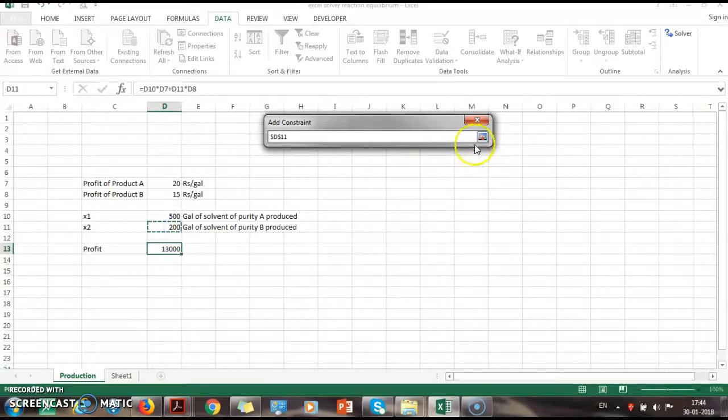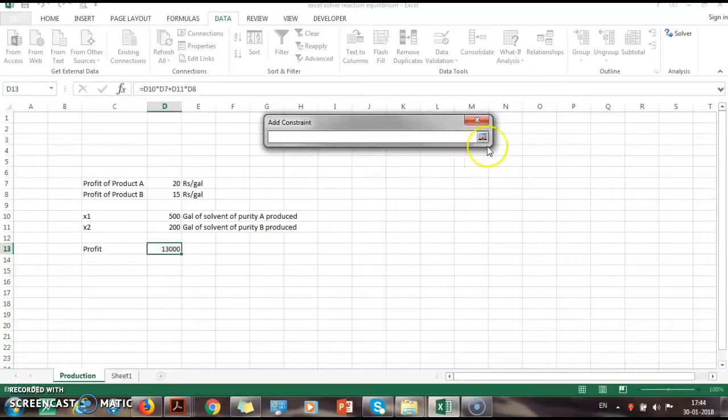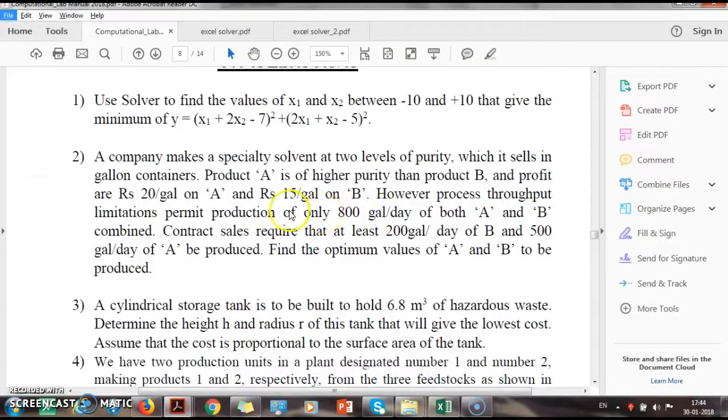Then this cell has to be greater than or equal to 200, and we should have one more constraint. What is that other constraint? The other constraint is that the production of A and B should be less than or equal to 800.